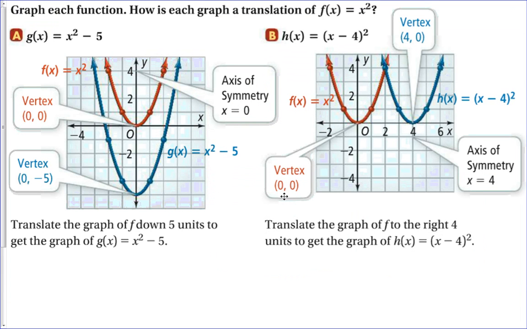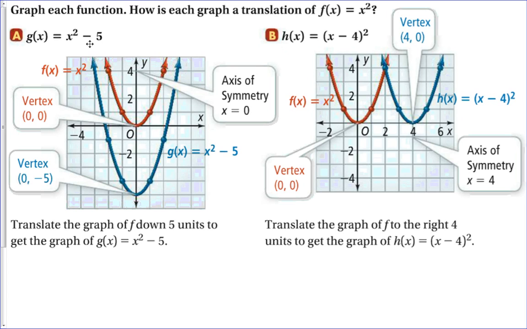All right, graph each function. How is each graph a translation of f of x equals x squared? So here we have g of x equals x squared minus 5. We've gone over translations with the absolute value, so this works the same way.